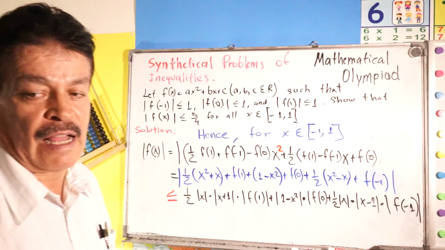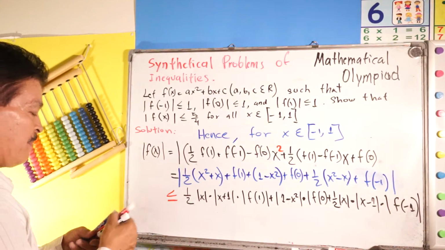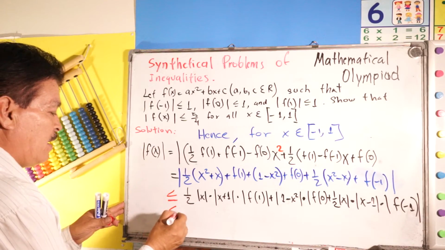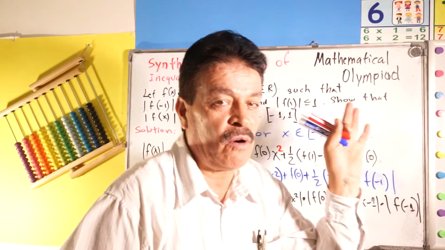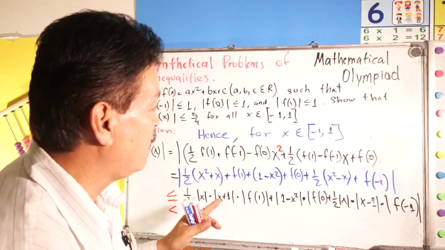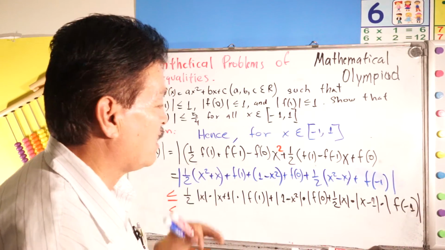Now see how to simplify this. Next step. All right, it's all long. Remember, this is the Mathematical Olympiad. We need to be very smart and careful when we do step by step.